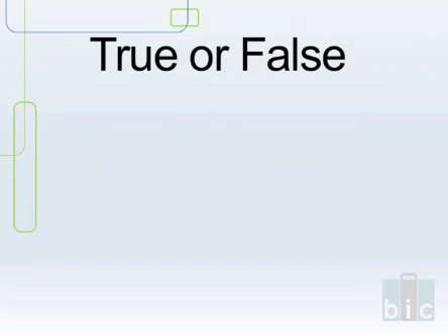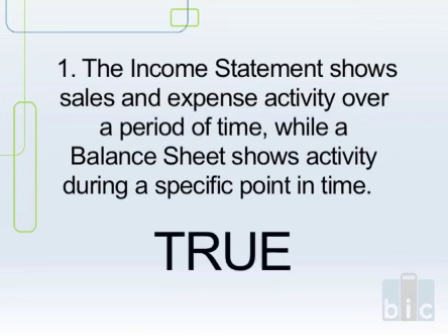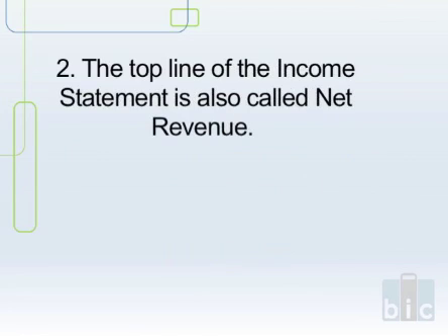Answer true or false. The income statement shows sales and expense activity over a period of time, while a balance sheet shows activity during a specific point in time. The top line of the income statement is also called net revenue.